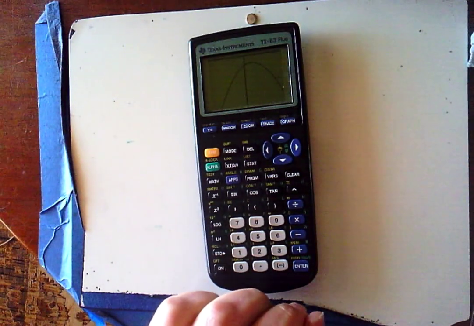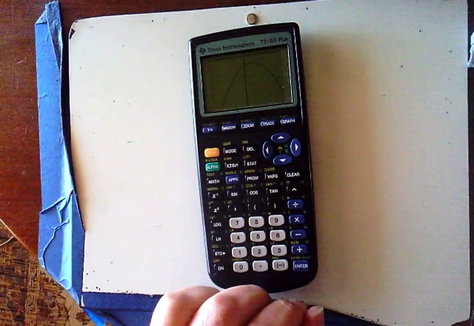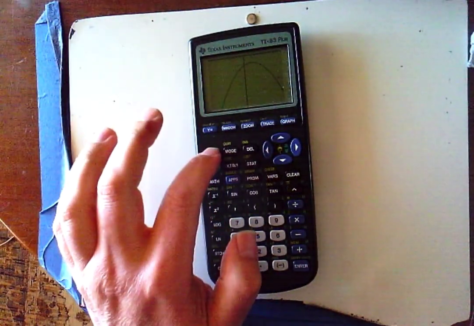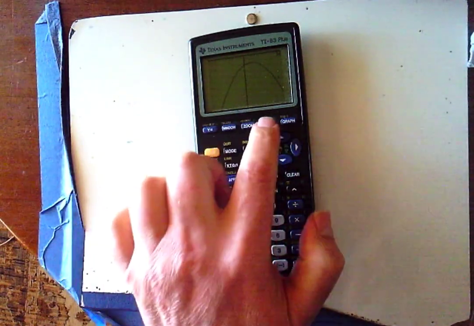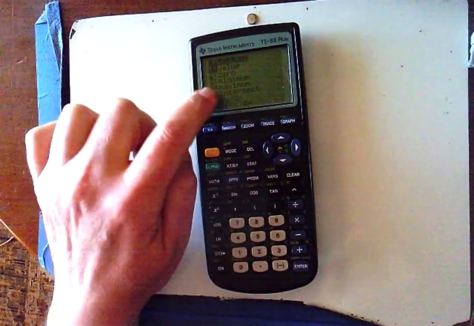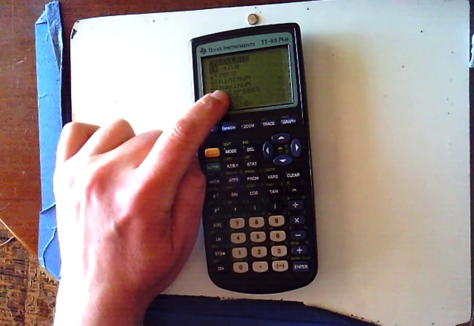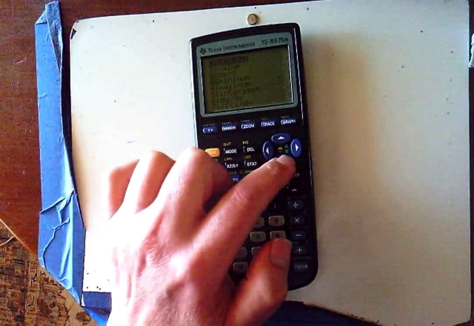In order to find the vertex of a graph, we need to press O. That's a maximum, right. In order to find that vertex, I'm going to do second trace to get calculate, second calculate, and this time I'm looking for a maximum. So the directions say press second calc, and this time choose maximum, and then enter.